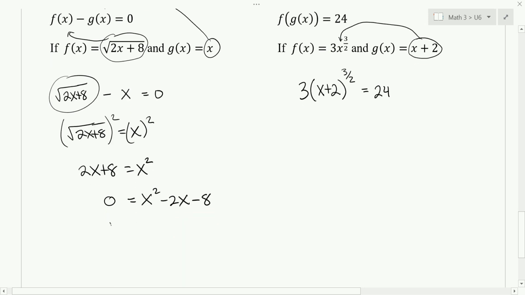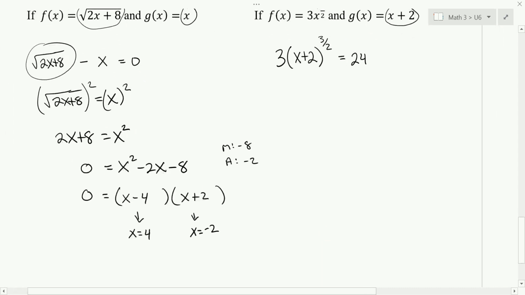Then I work on trying to factor this. Does it factor? Can we come up with two numbers that multiply to negative 8 and add to negative 2? Okay, negative 4 and positive 2. So that gives us x equals 4 and negative 2.